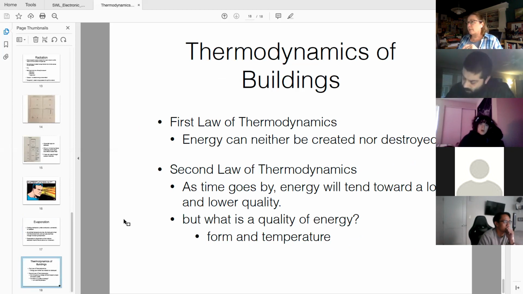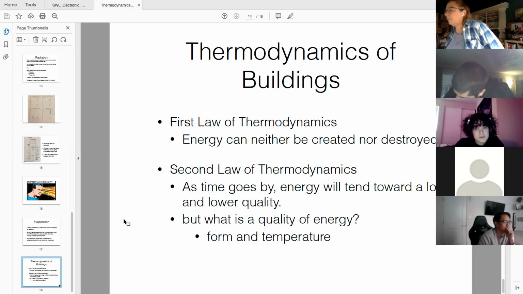And this is similar to equilibrium, that heat always wants to become equal. So heat is going to flow from hot to cold or from cold to hot, and it's not going to disappear. It's going to be in one form or the other, or it's going to be transferred into the air through convection.